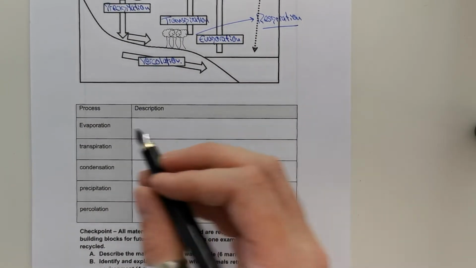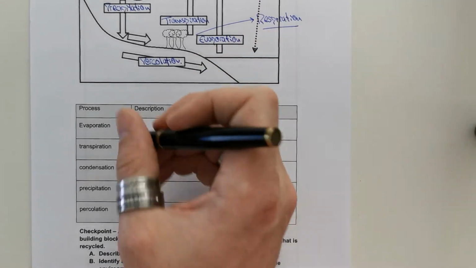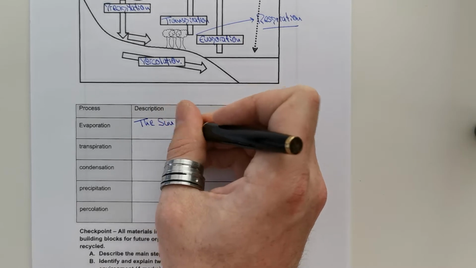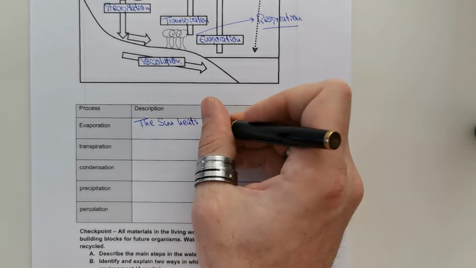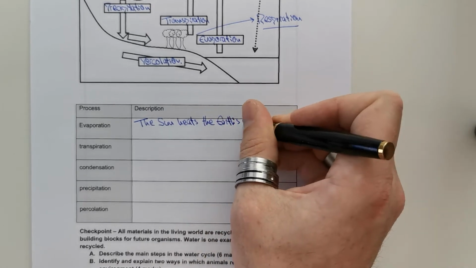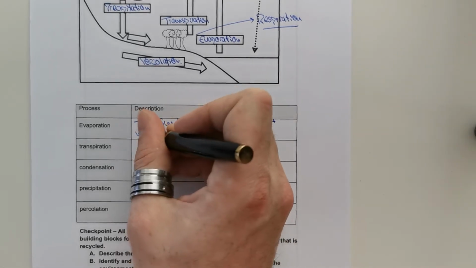So, evaporation. Why does water evaporate in an ecosystem? Clue is in the diagram. It's the sun. It heats the Earth's surface. And the water turns to vapor.